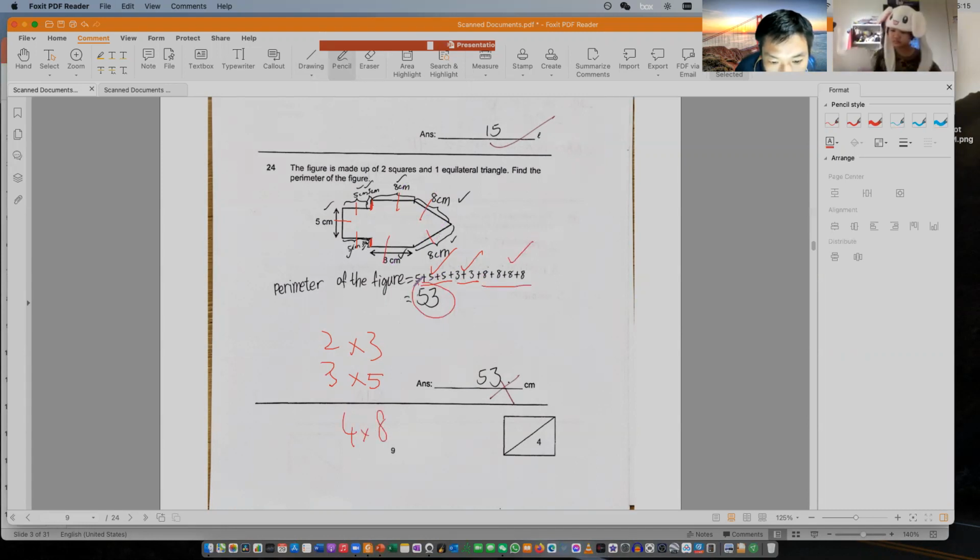So basically, this is the kind of mistake. I think I talked about this last lesson: you read the question wrongly, or somehow you punch the calculator and get the wrong answer. This is the kind of error I cannot help you with. So please minimize this kind of error.